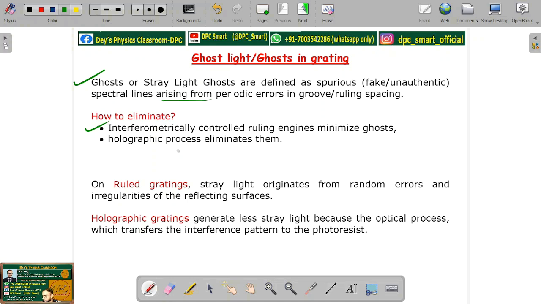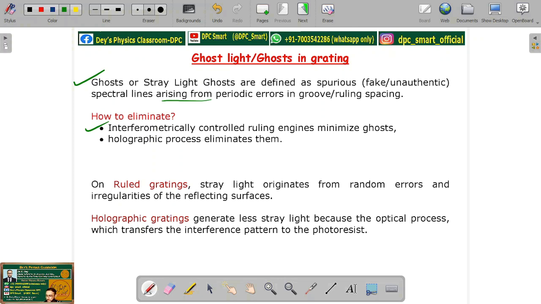And secondly, if we implement the holographic process, then the ghost lines or errors in the grating can be eliminated.